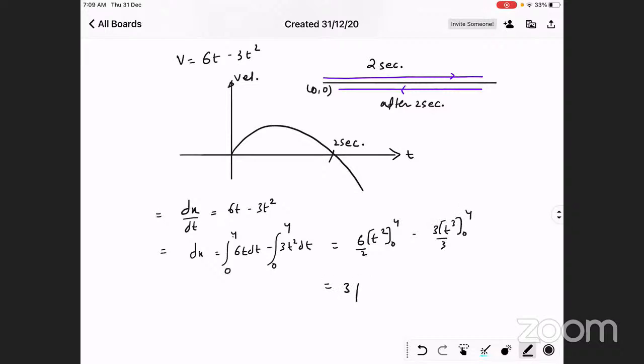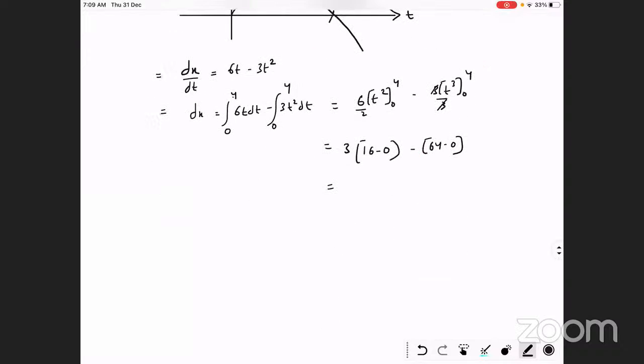This is 3. 30 into 16 minus 0 minus 64 minus 0. 16 into 3, 48 minus 64. How much will this come? Minus 16. Minus 16 in meter.